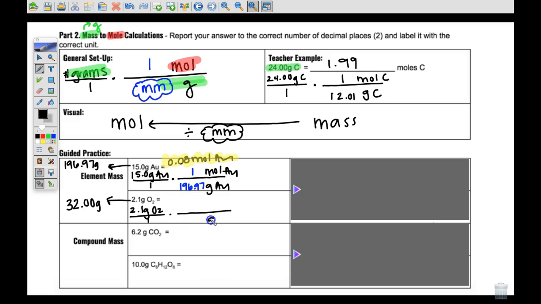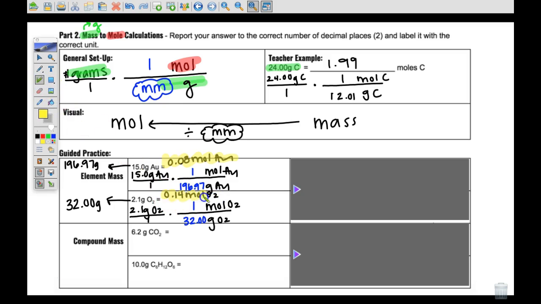After that, I'm going to pull my grams of O2 down and put my new unit on top. Then it's time to place my numbers based on the relationship. So for every 1 mole of O2, there's 32.00 grams. So after doing the math, which is division, I determined an answer of 0.14 moles of O2.